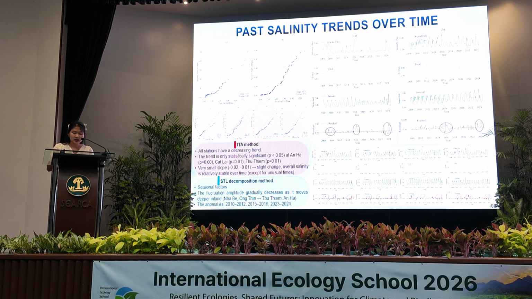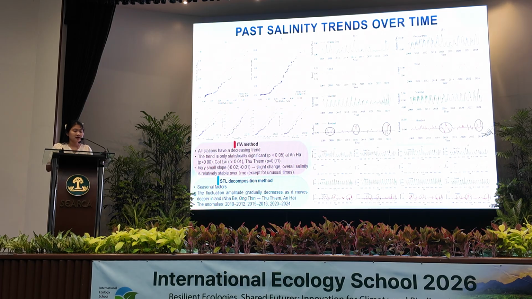Besides that, the LOESS method revealed distinct seasonal fluctuations at all stations, with higher salinity during the dry season and lower during the rainy season. The amplitude of seasonal fluctuation gradually decreased when moving inland from Nhà Bè and Phú An toward Thủ Thiêm and An Hạ stations.